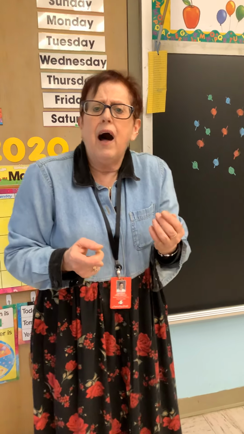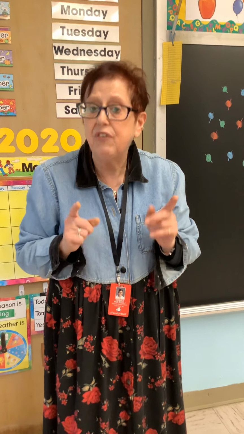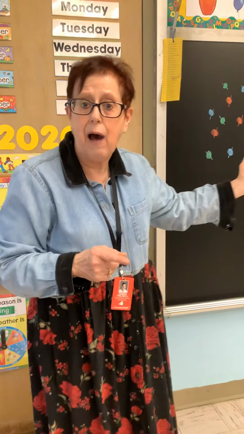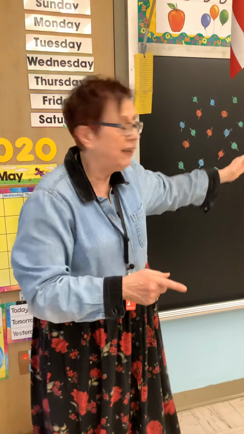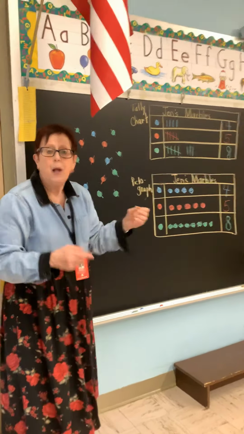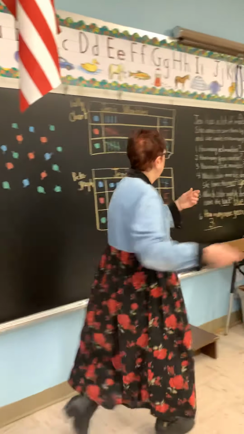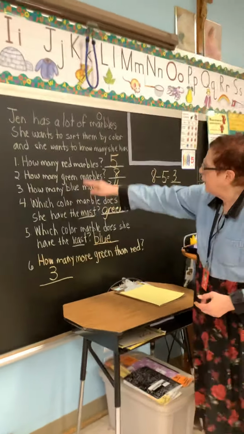Those of you who finish Module 3 on Zern, you probably are already familiar with this, because the end of Module 3 is all about reading, making tally charts and graphs like Mrs. Souza did for you, and then being able to read tally charts and graphs. And that was these questions here, okay?